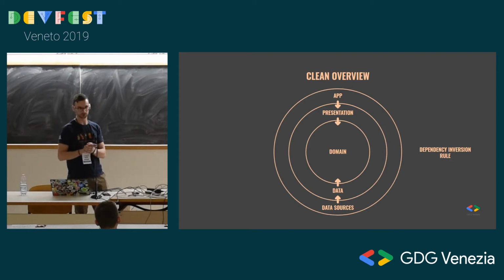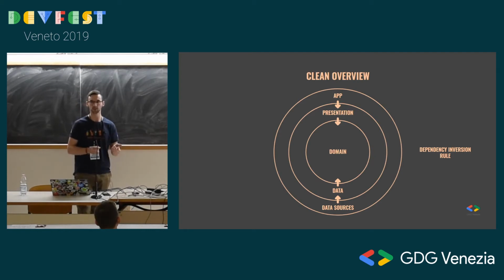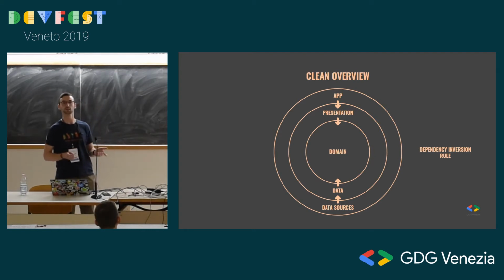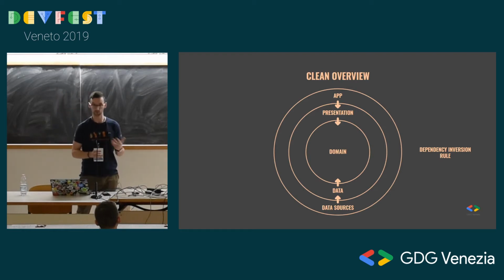Again, the dependency inversion rule states that the interactions between these layers, so the boundaries represented by these circles, are to be interfaces, not concrete parts of the software, that we can use to make the layers communicate between each other.